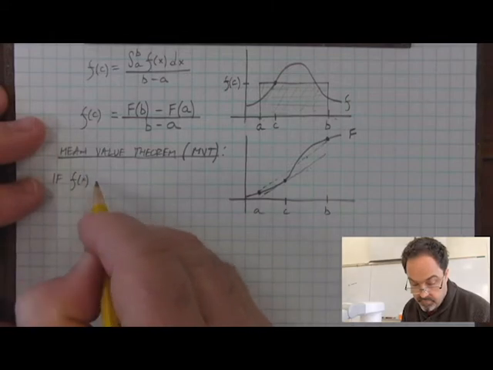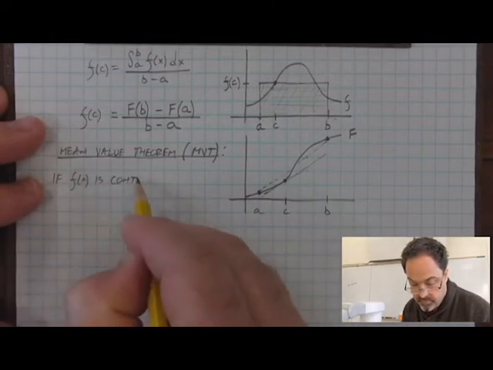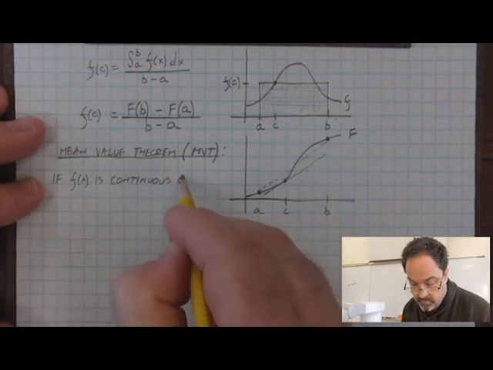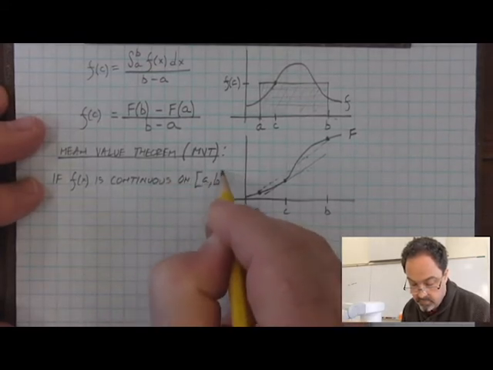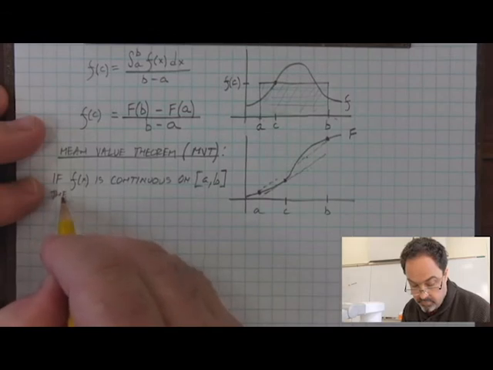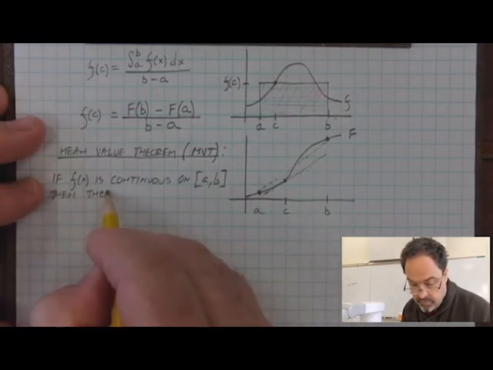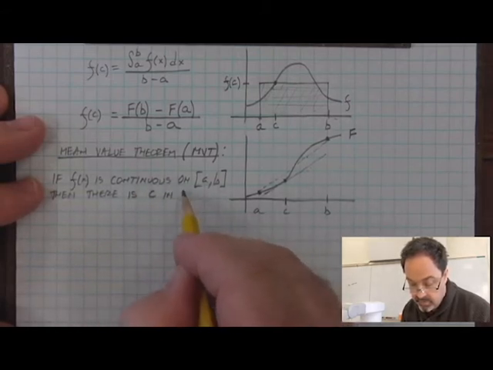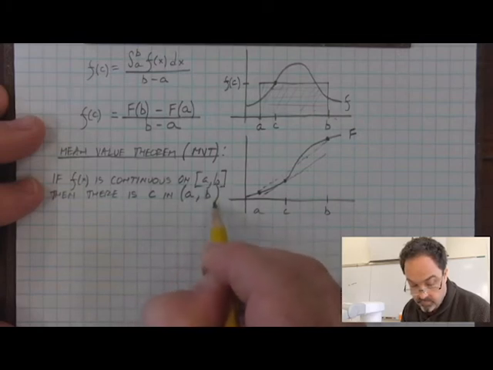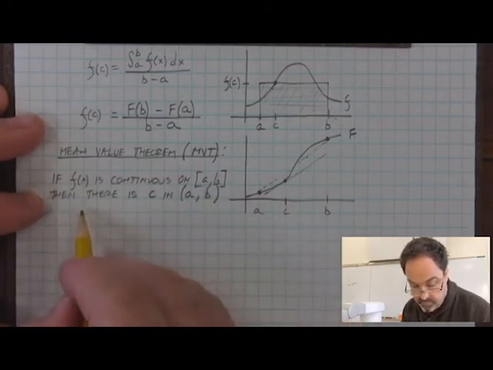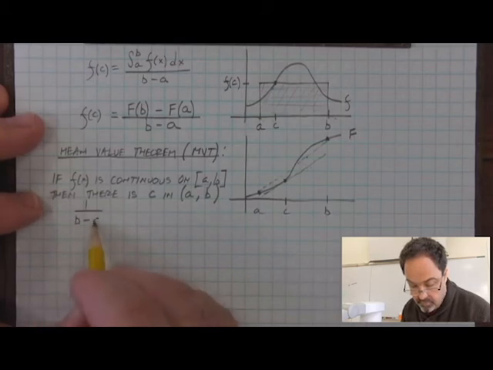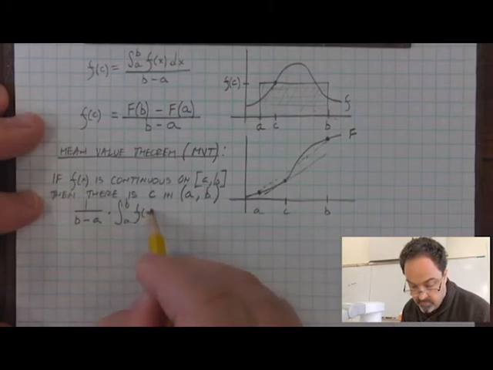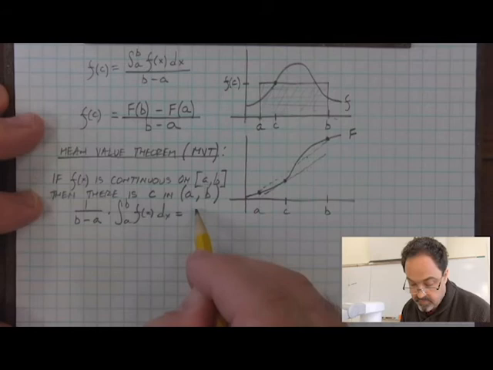If a function is continuous on a closed interval, then there is c in that interval, but not its endpoints, such that 1 over b minus a times the integral from a to b of that function with respect to x is equal to the function value at that place c.